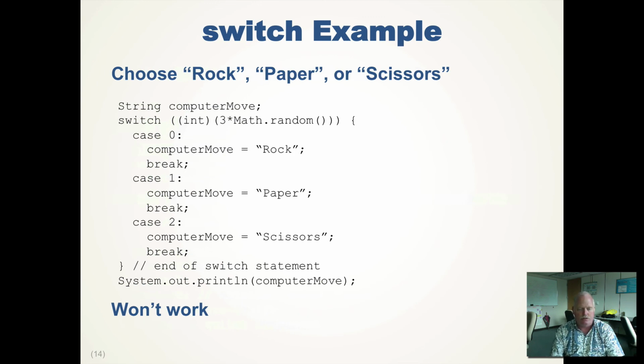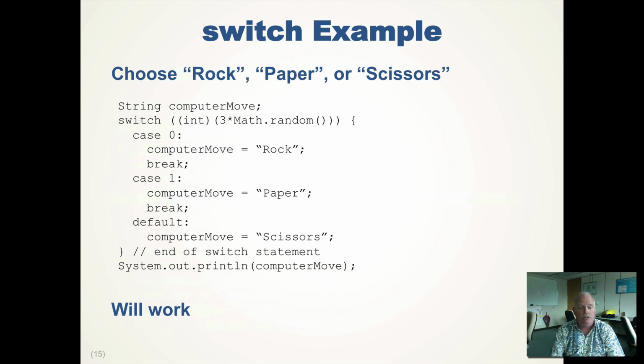So this won't work. But we could fix this quite easily by changing that case 2 to be default. Now when the Java compiler looks at this, it can say, oh, if none of the cases match, I know I'm going to do default, so I know the string computerMove is assigned something. So that will make it legal.